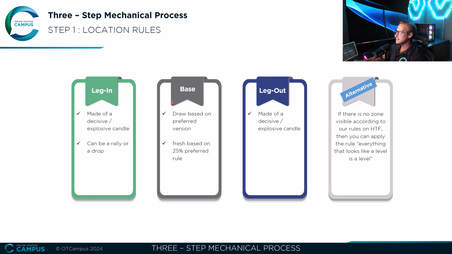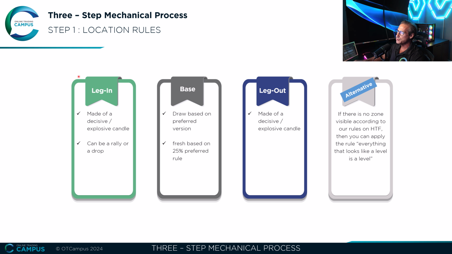Your base, you draw based on the preferred version, and it has to be fresh based on the 25% preferred rule, what we just covered in theory for the past 20 plus minutes. And the leg out is made of a decisive or explosive candle.